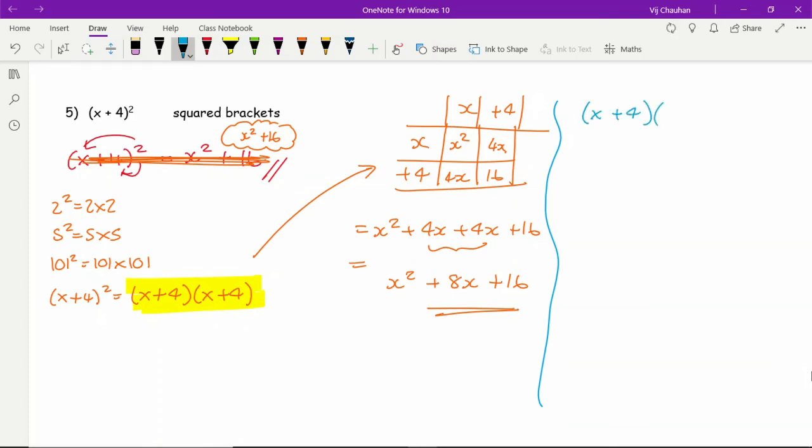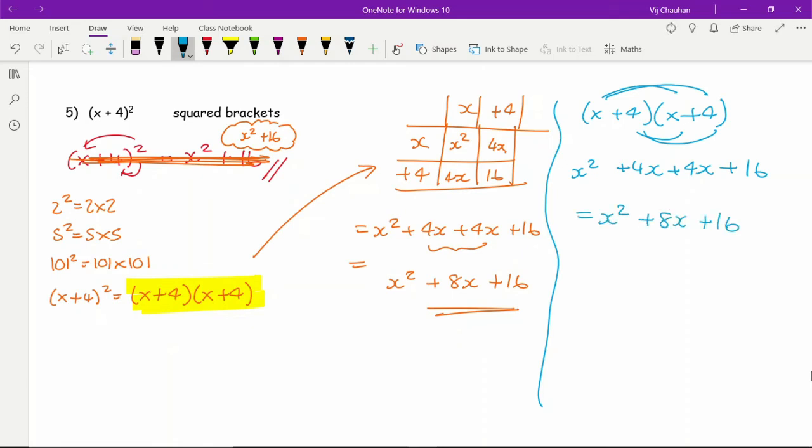So I've got x plus 4, x plus 4, x times x is x squared, x times 4 is 4x, 4 times x is 4x, and 4 times 4 is positive 16, giving me an answer of x squared plus 8x plus 16, and there is your final answer, and that just simplifies to give you 8x.